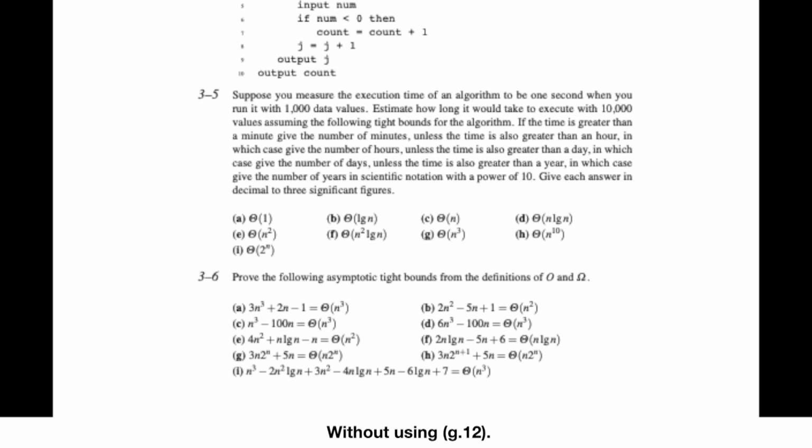And remember, on all of these, it's illegal to use G.11. You could just quote G.11 and you'd be done, because what we have here is an asymptotically positive polynomial. But we want you to prove it from the definition.